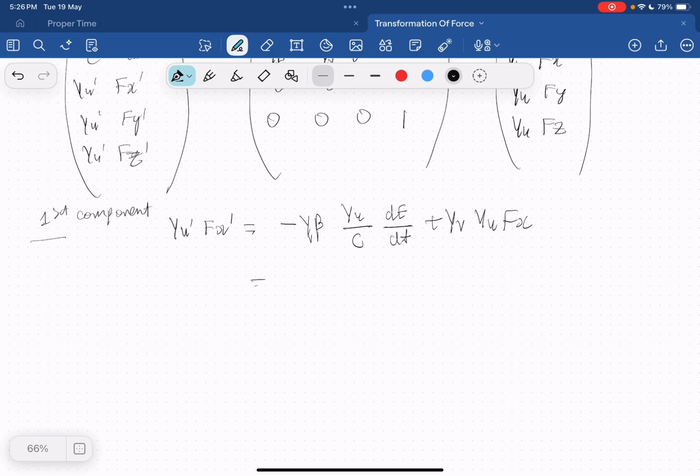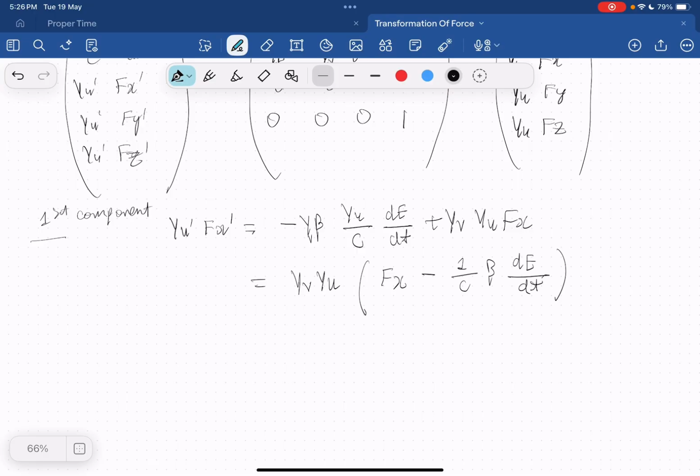Now gamma v is common, so we can take gamma v common. Also gamma u is common, so we can write this thing as fx minus 1 by c times beta dE by dt.